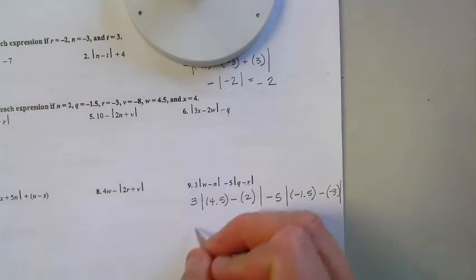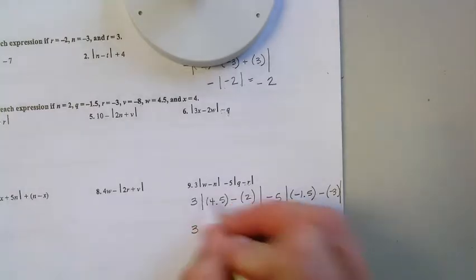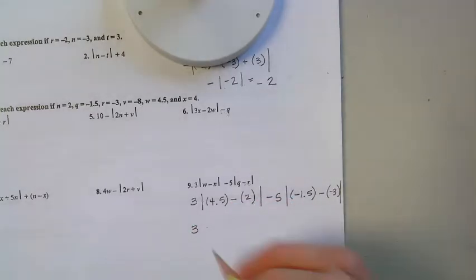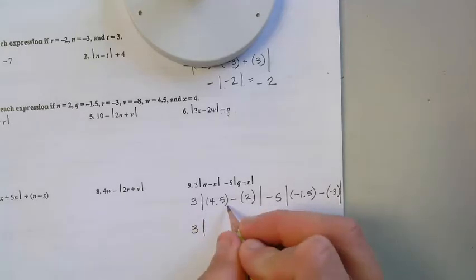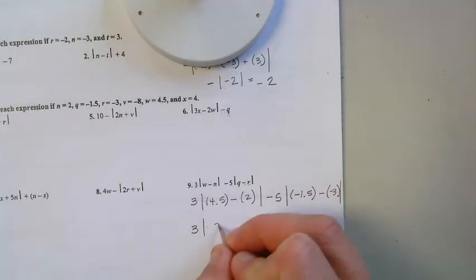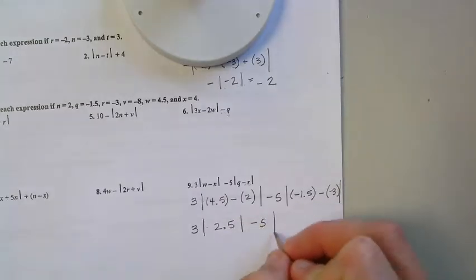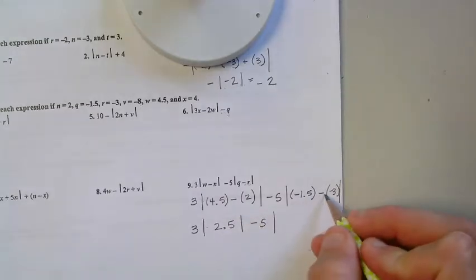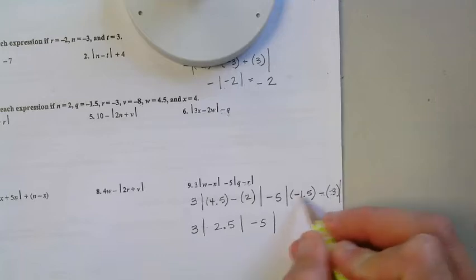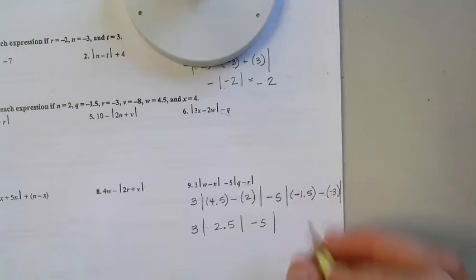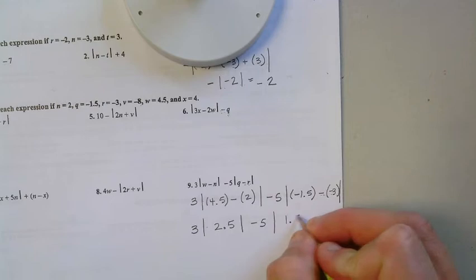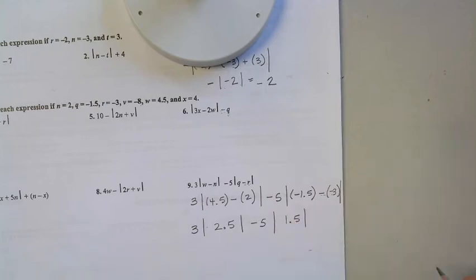If I want to simplify this, we treat these absolute value brackets just like parentheses. 4.5 minus 2 gives me 2.5. For the other part, -1.5, a double negative makes a plus, so -1.5 plus 3 gives me a positive 1.5.